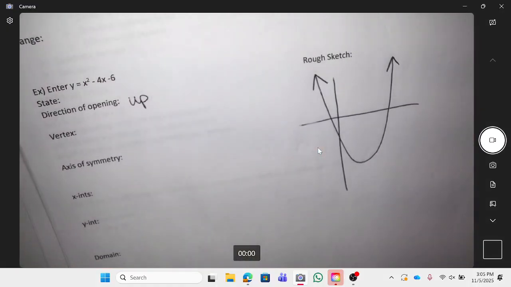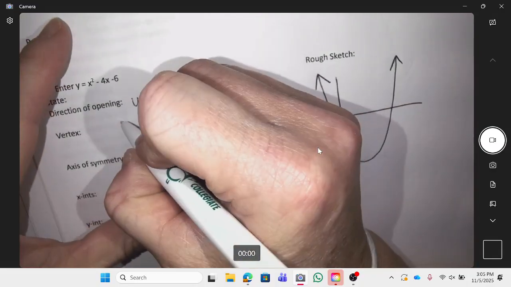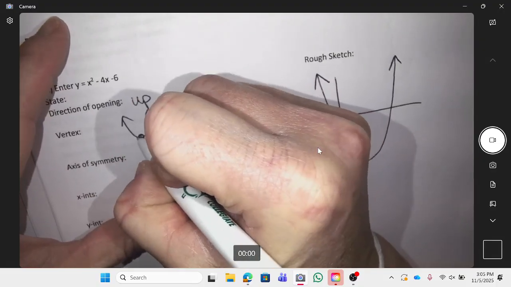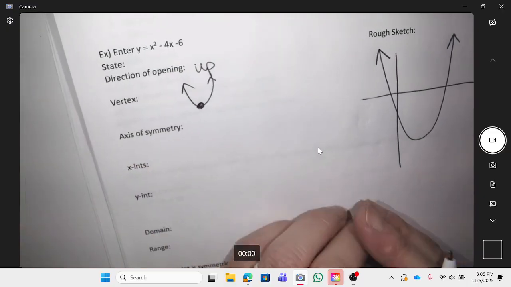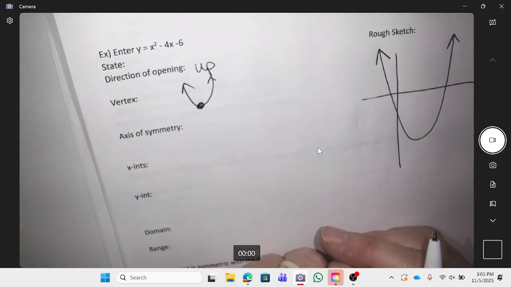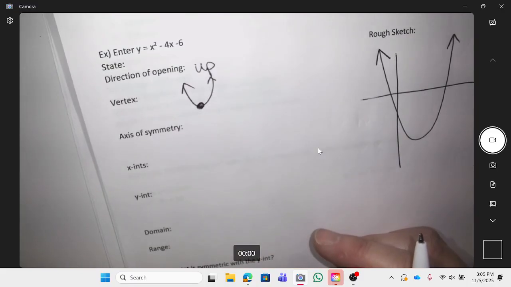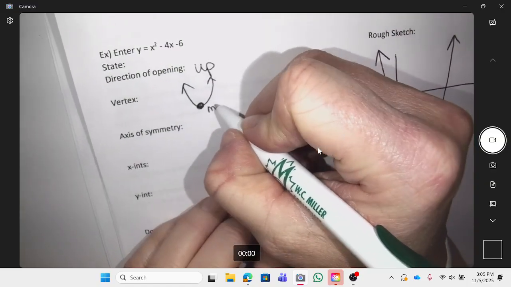It's just facing up. The bowl is facing up. Okay, vertex. Ooh, this is going to get crazy. Ready? Here's the vertex. It's at this bottom spot. What did we call the bottom? We had a name for it, and it started with an M. Minimum.